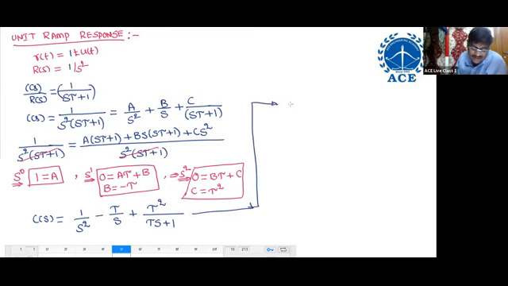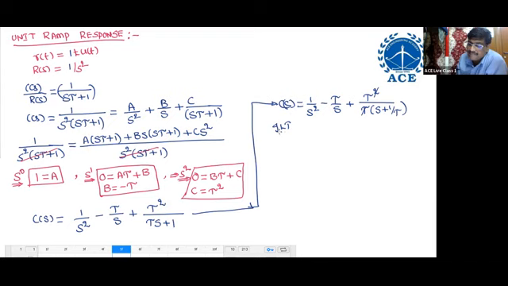C of S can be written as 1 by S square minus tau by S plus tau square by tau, take it common, S plus 1 by tau. Tau cancels. Then apply the inverse Laplace transform.